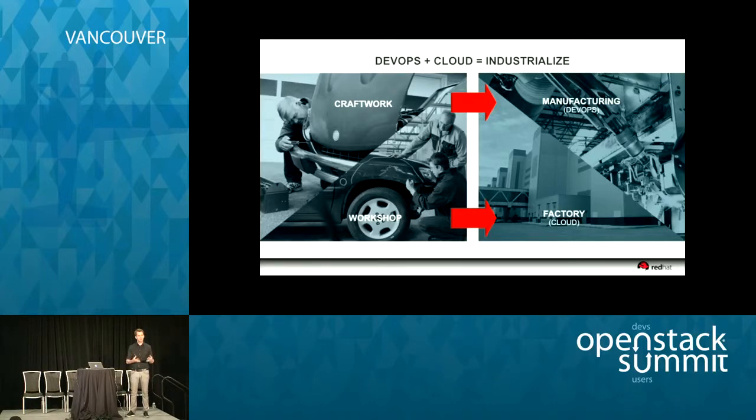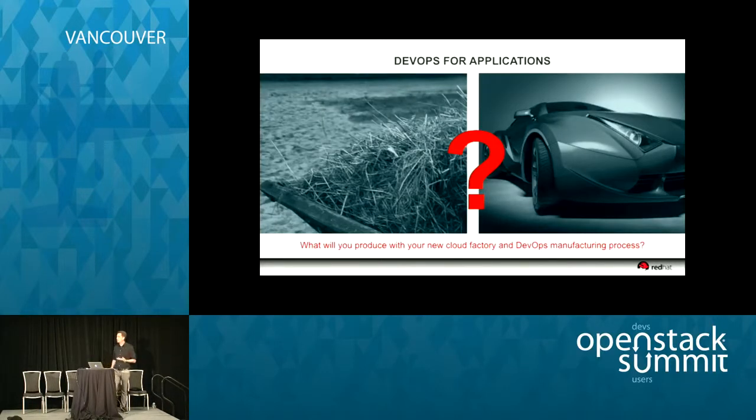Likewise, as you're deploying OpenStack, are you going to keep the same processes and produce the same applications? You're not taking full advantage of that shiny new factory that you have around OpenStack. Likewise, what you're going to produce out of that factory isn't the same type of application. Those monolithic applications no longer make sense in this type of environment, but moving more to a cloud application takes full advantage.